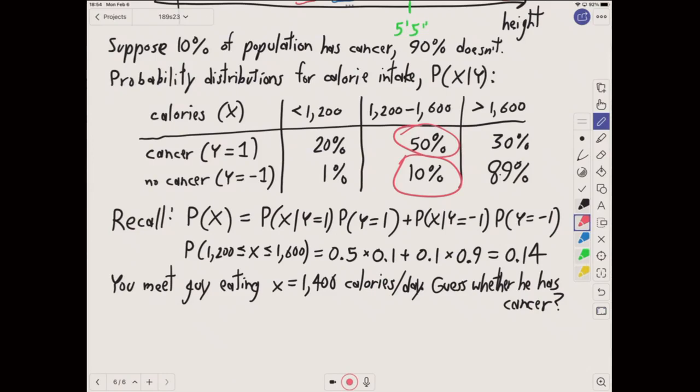Exactly. There are a lot more people who don't have cancer than who do, and I didn't take that into account at all with this reasoning. So that reasoning is just wrong. What is the correct way to figure out the probability that this person has cancer? Yeah, Bayes' theorem. Thank you.